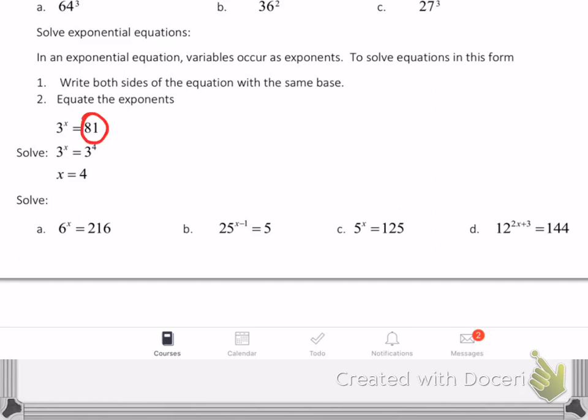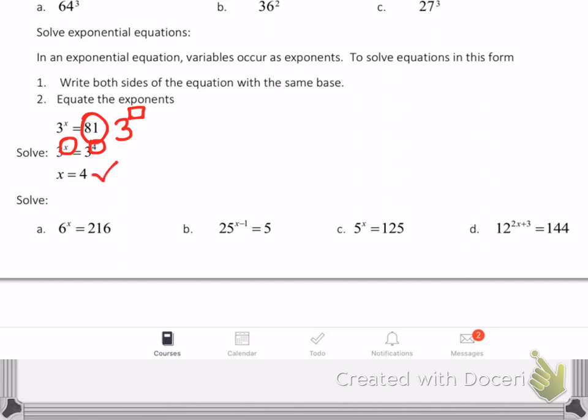Now let's change 81 so that we have a base of 3. 3 raised to something. Okay, and so 3 raised to the 4th power actually is 81. And so we have 3 raised to the x is equal to 3 raised to the 4, and so what we can do is just compare the exponents. x is equal to 4, and that's my answer.